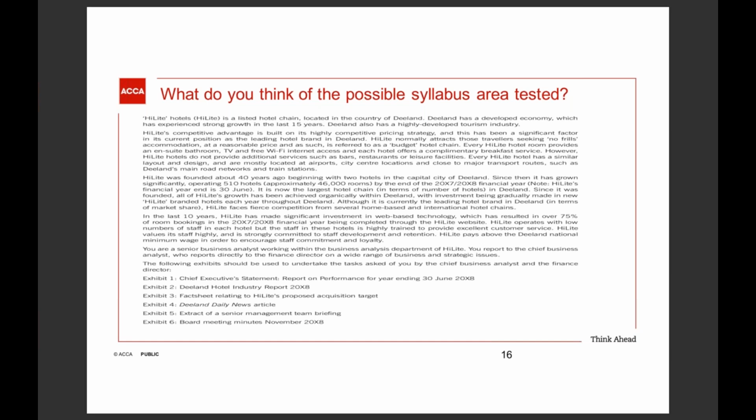So when you look at this overview, roughly it tells you the areas that are going to be tested. And it also gives you the background of the company. And remember, this paper is about application. When they talk about application, it means that you have to look at this topic in context.